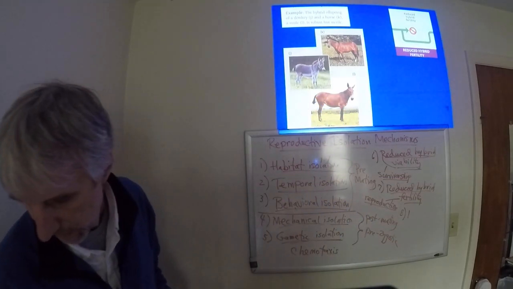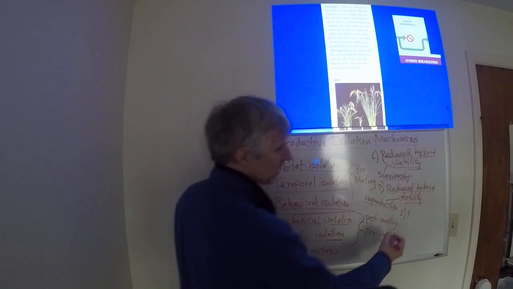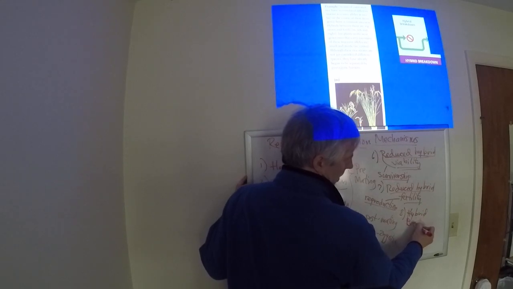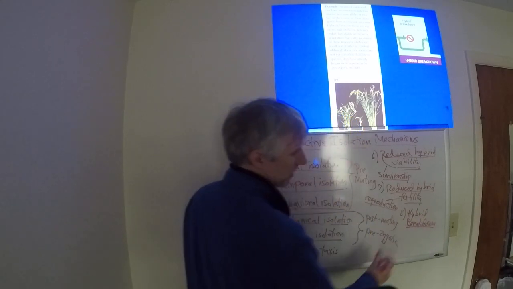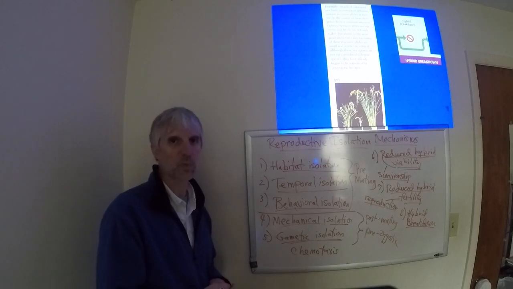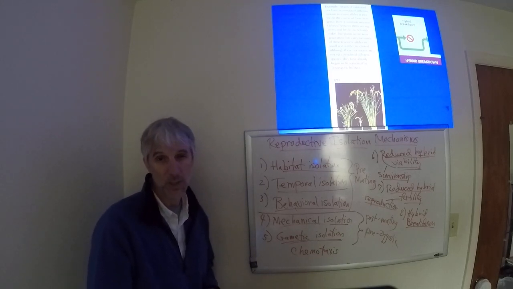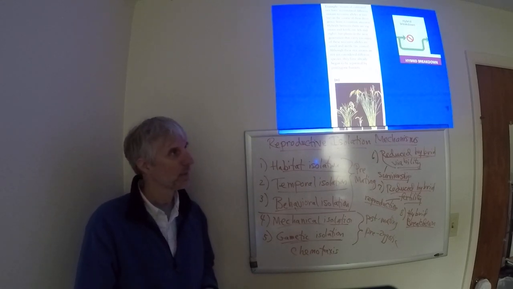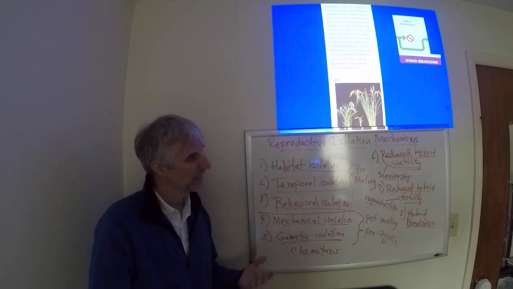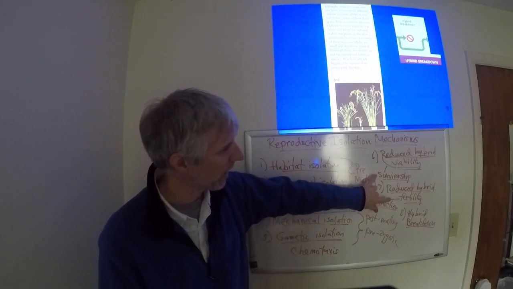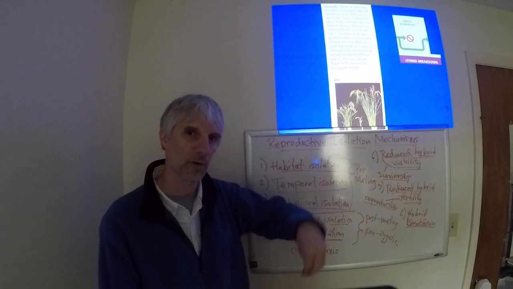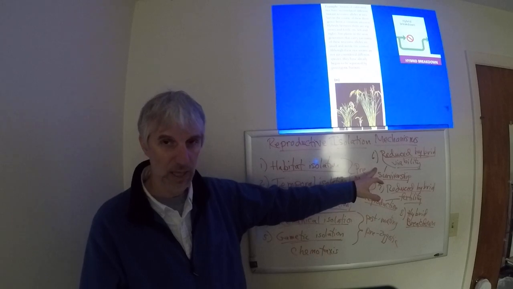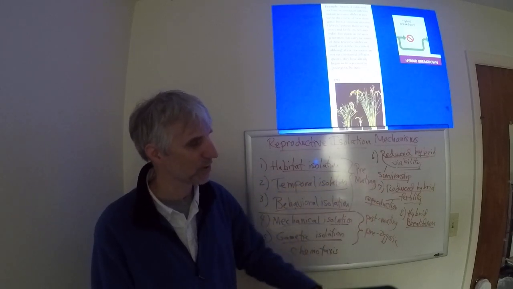Okay. This next one is called hybrid breakdown. This is essentially like 6 and 7 put together. It only occurs in plants, and it's a very unusual case, not something I'm going to test you on because it is bizarre. But the idea is, instead of issues with survivorship and fertility showing up in the first generation with the production of the mule or the production of the salamander, it takes multiple generations.